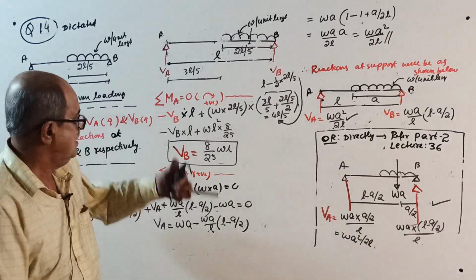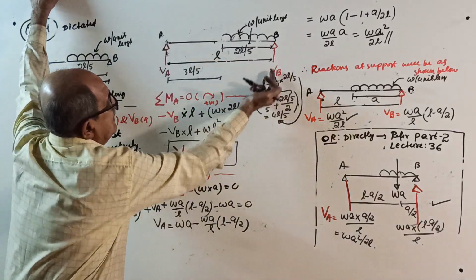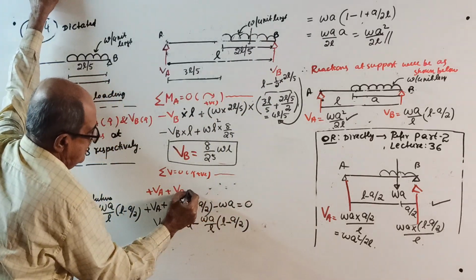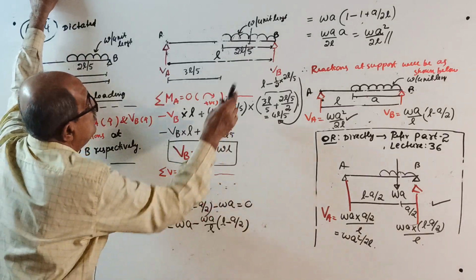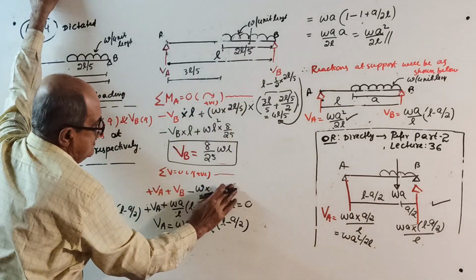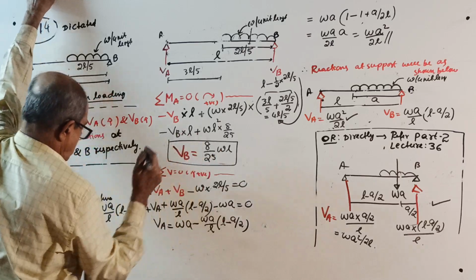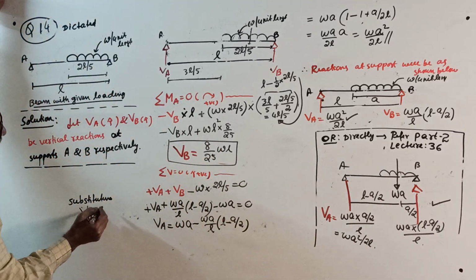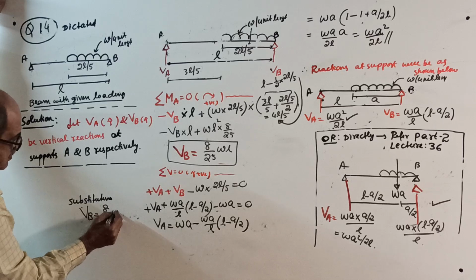Now sigma V equals 0, upward positive: plus VA plus VB minus W into the total loaded length, which is 2L by 5, equal to 0. Substitute VB equal to 8 by 25 WL.